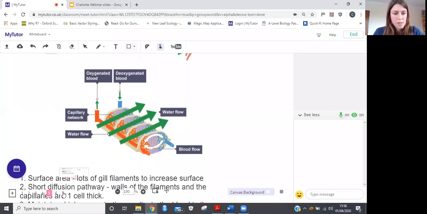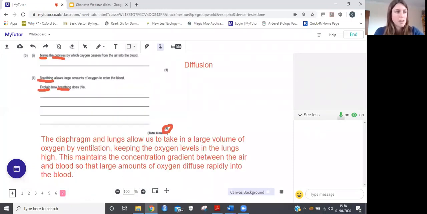Okay, let's move back to that last slide. Is there diffusion when anaerobic respiration happens because there's no CO2? The answer is, anaerobic respiration takes place when we're working really hard. So respiration takes place normally.